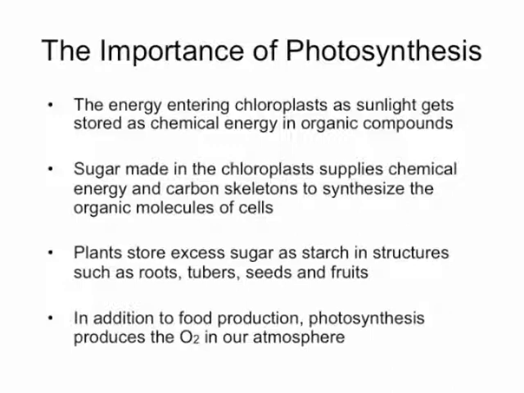And then in addition to food production, photosynthesis also produces oxygen as a byproduct. So when water is split to replace the electron lost by the central chlorophyll molecule, this gets split into H plus and oxygen, so O2 here. So we get oxygen gas as a byproduct.